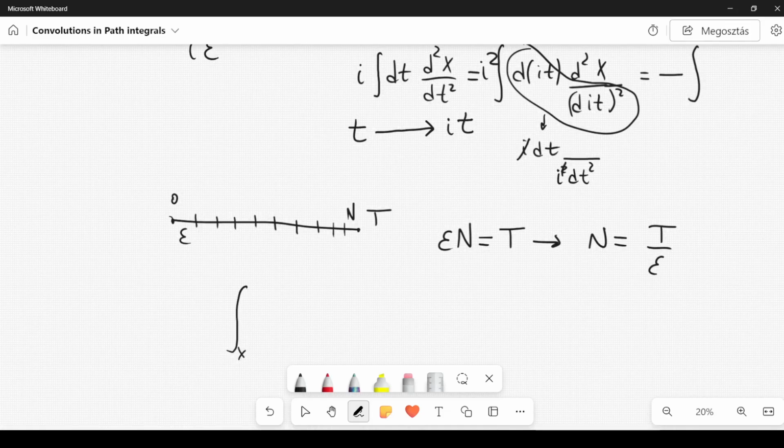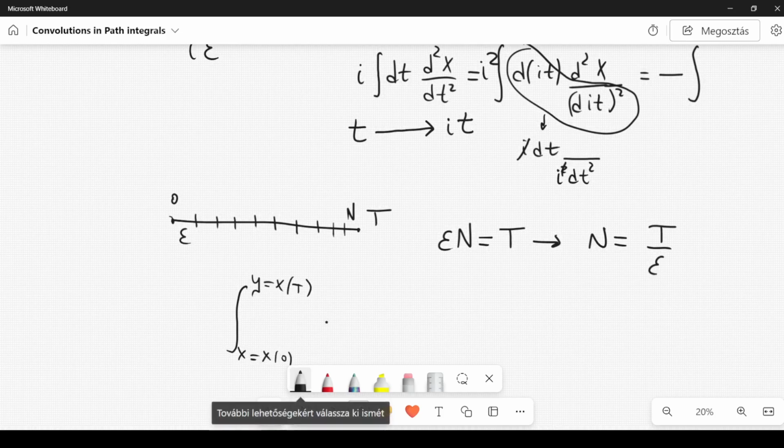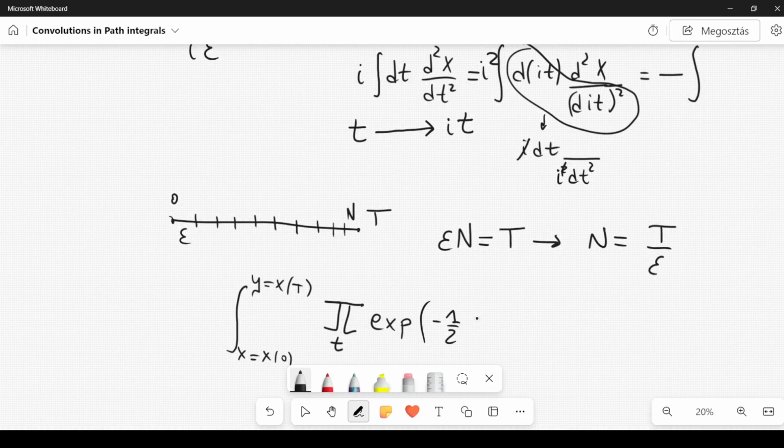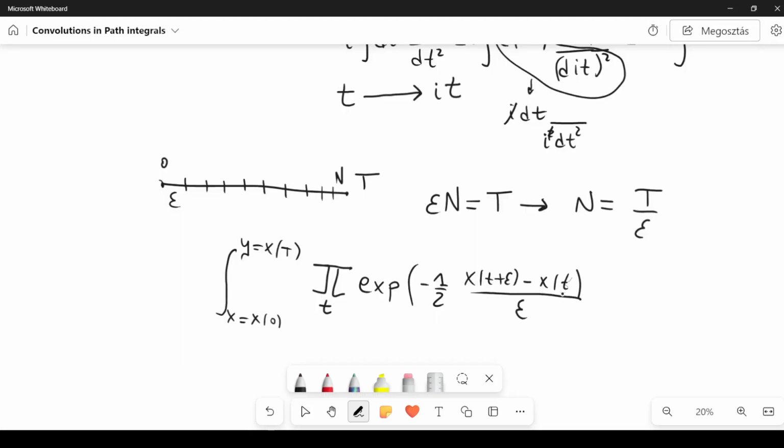We have an integral from x to y. Remember that x is x of 0 and y is x of t. We have an infinite product over the variable t of exponentials. So first let me write it down: exp of minus 1/2 times the square of x of t plus epsilon minus x of t, divided by epsilon, multiplied by epsilon, and we close the bracket here, and then we also have the integration measure dx.